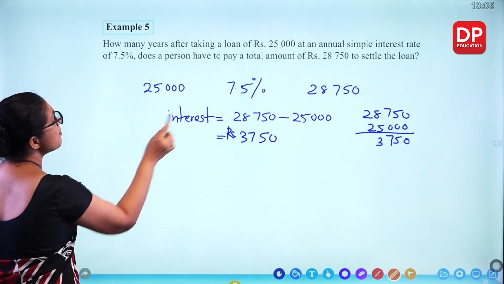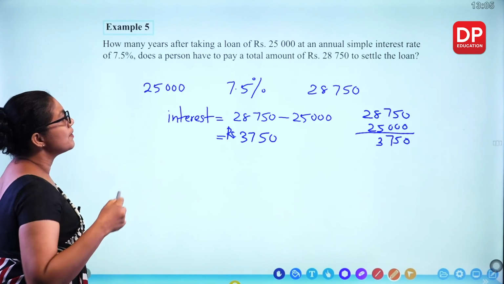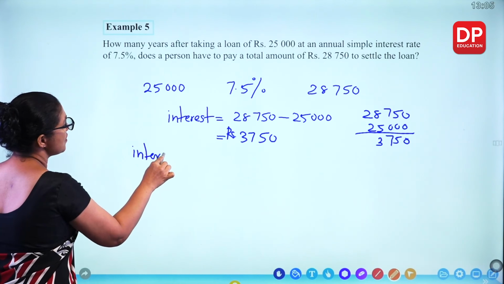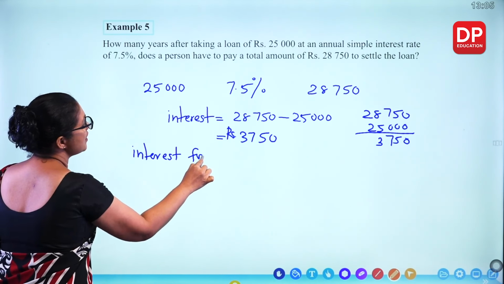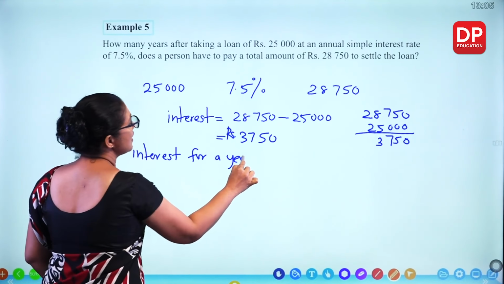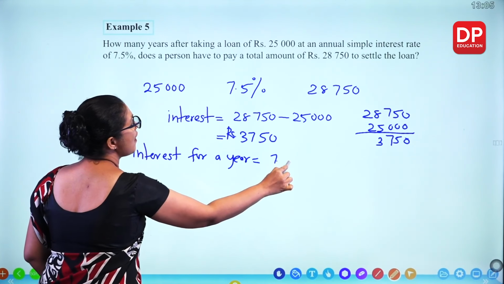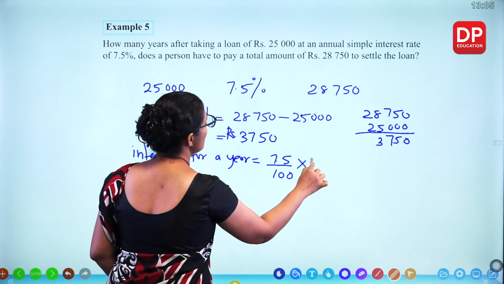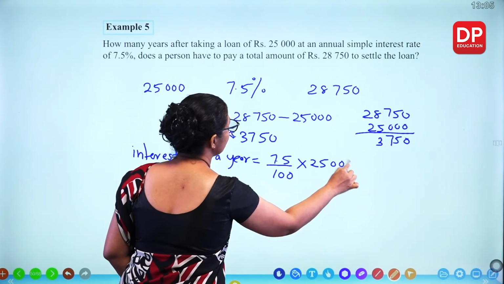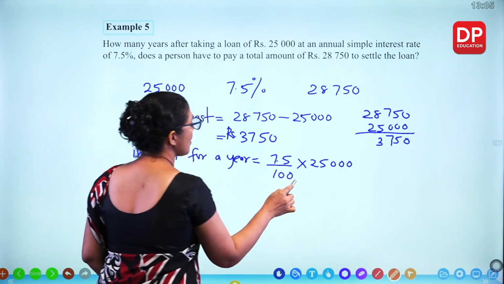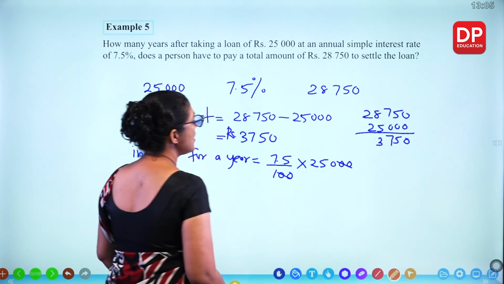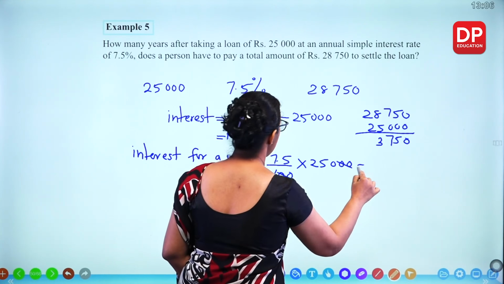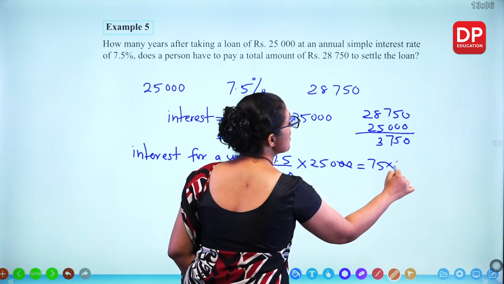But what's the interest value for a year? Interest for a year is 7.5% of 25,000. Two zeros get cancelled out. 7.5 multiplied by 10, you get 75. That means 75 times 25.